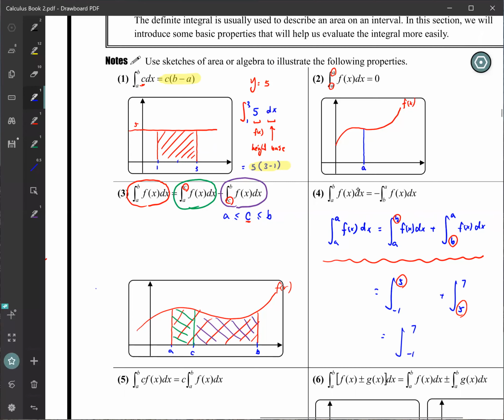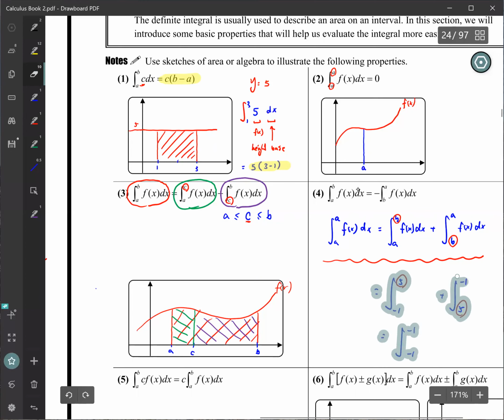Now, right now, instead of 7, I have -1, so it will end up as -1 to -1. All right, so that's what I'm writing out.